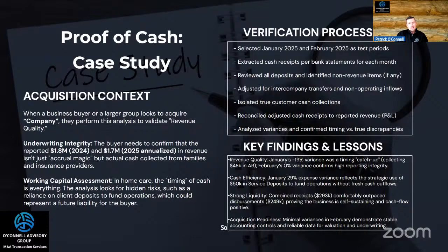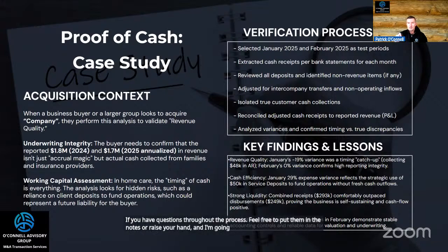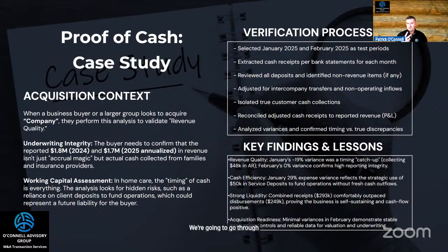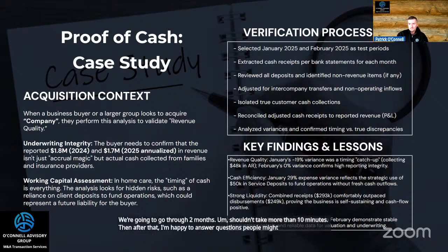So let's jump into the case study. We're going to walk through how to do a proof of cash. If you have questions throughout the process, feel free to put them in the notes or raise your hand, and I'm going to get to it once I conclude. We're going to go through 2 months. It shouldn't take more than 10 minutes. After that, I'm happy to answer questions people might have.